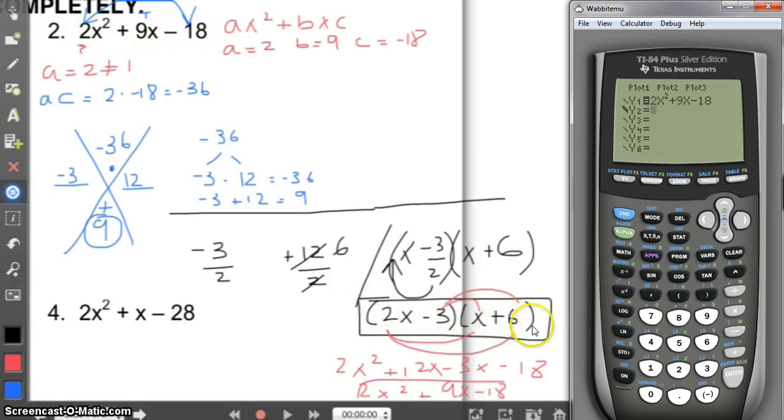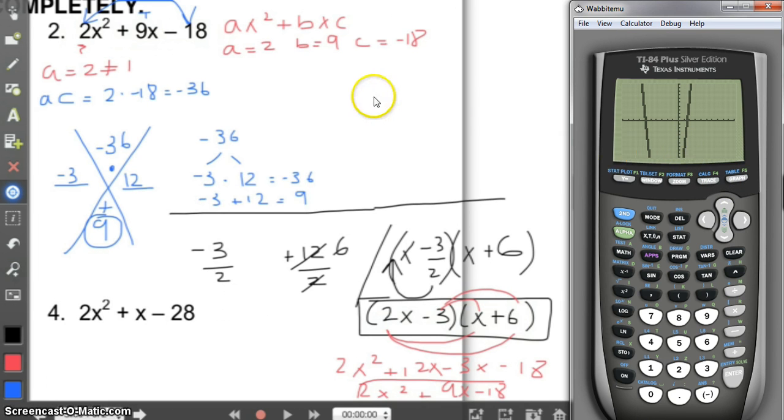You put parentheses, 2x minus 3, close parentheses, and then x plus 6, close parentheses. So this is what they gave you, and this is the factored form. When you press graph, you're going to see y1, and then on top of it, it should become bold now, and you can see it's the same exact graph, and this means that your work is right.